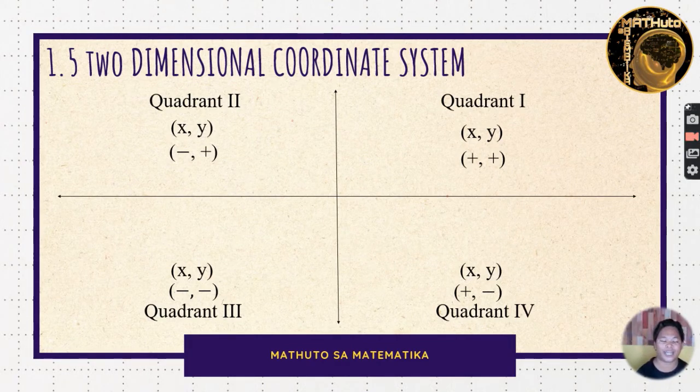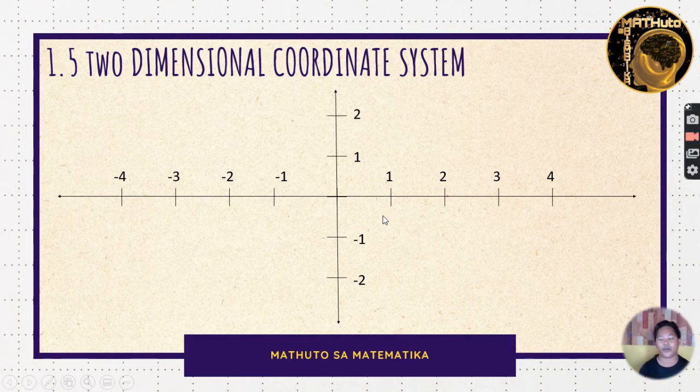For quadrant 2, we have negative x, positive y. For quadrant 3, both x and y are negative. And for quadrant 4, we have positive x and negative y. So yan po yung ating mga numbers po within the axis po.